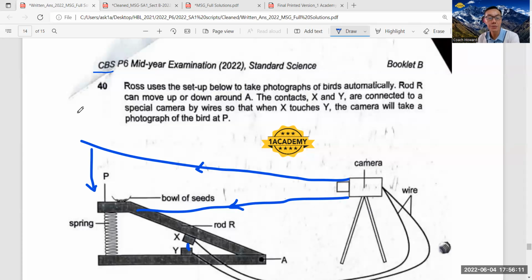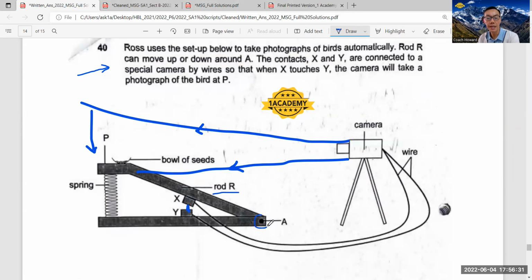Okay, now we are at this question. It says that Ross uses the setup below to take photographs of birds automatically. Rod R can move up or down around A. This A is a pivot.